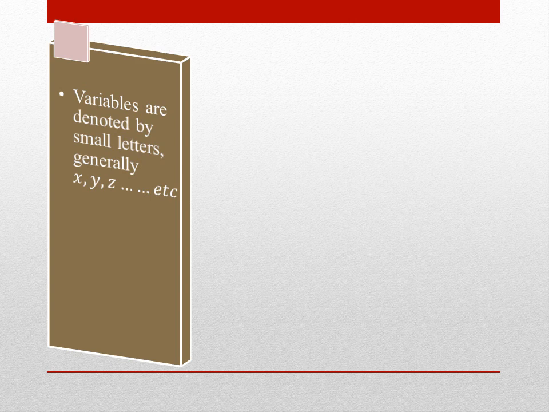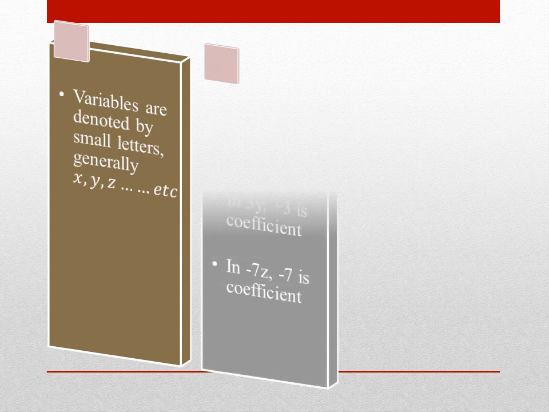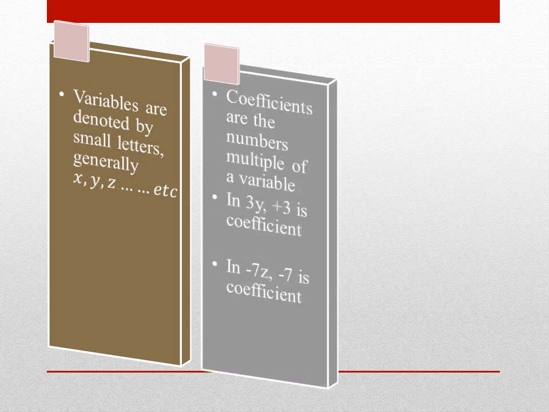Variables are denoted by small letters, generally x, y, z, a, b, c, d, etc. Coefficients are the numbers which are the multiple of a variable or multiplied by a variable.